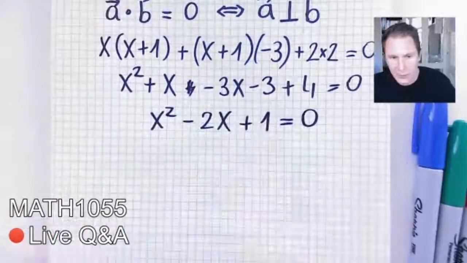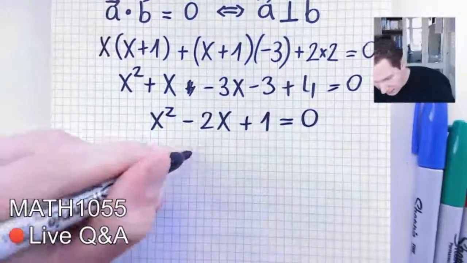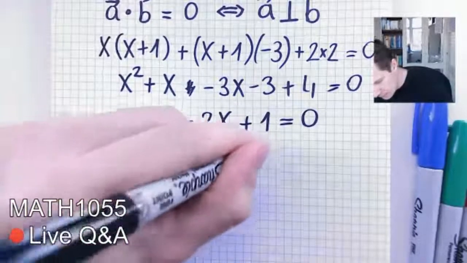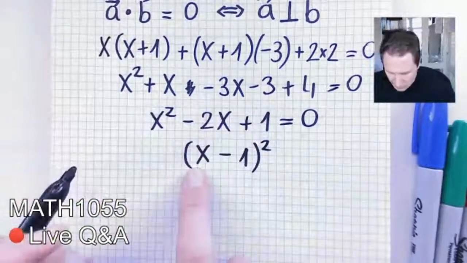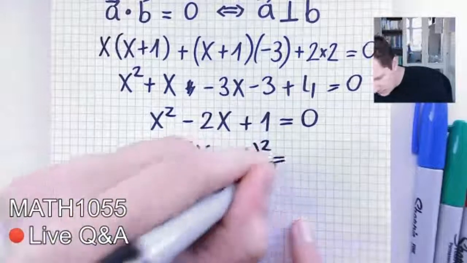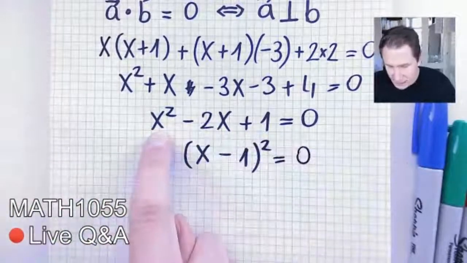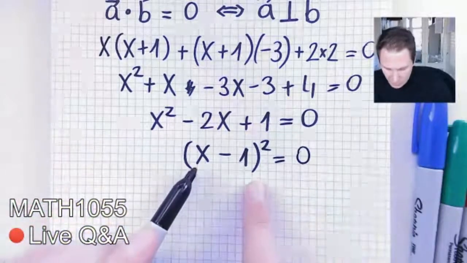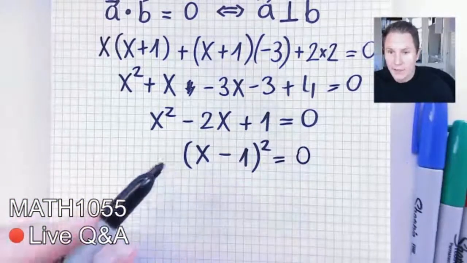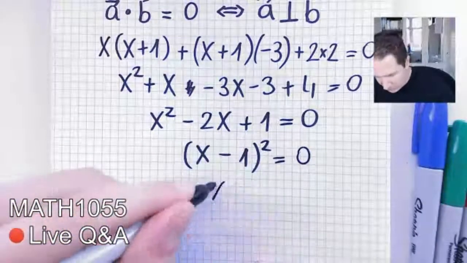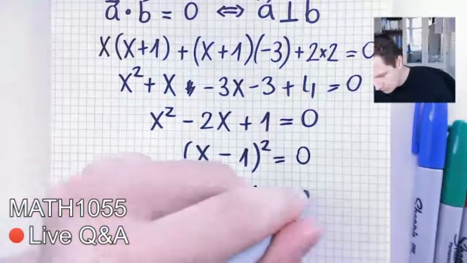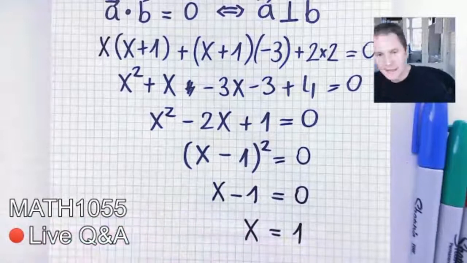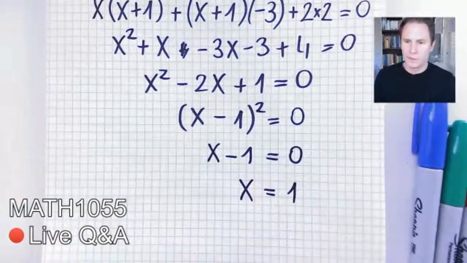So what we have here is something that I hope you all recognize as a complete square. (x minus 1) squared is exactly equal to x squared minus 2x plus 1. So this has to be 0. We only get 0 by squaring a number if the number itself is 0. So x minus 1 has to be 0, meaning that x has to be equal to 1.